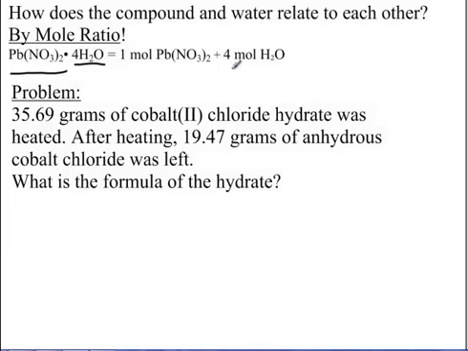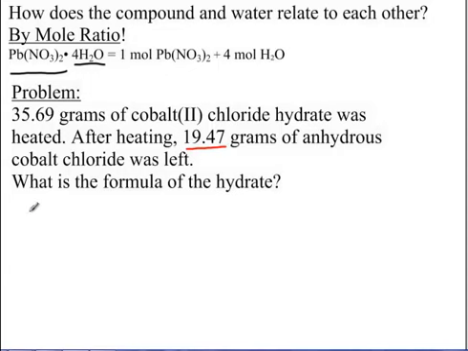Here's an example problem, and this is one that we're going to end up doing in our lab. If you look right here, you see 35.69 grams of cobalt(II) chloride hydrate was heated, and after heating, 19.47 grams of anhydrous cobalt chloride was left. What's the formula of the hydrate? Well, the first thing I want to do is find the number of moles of my anhydrous stuff.